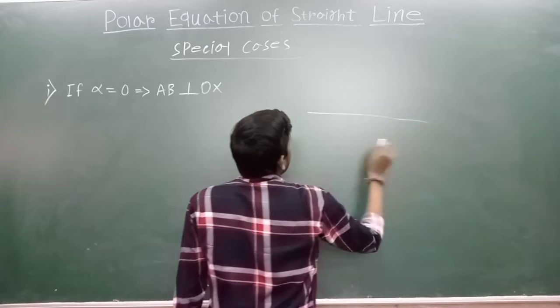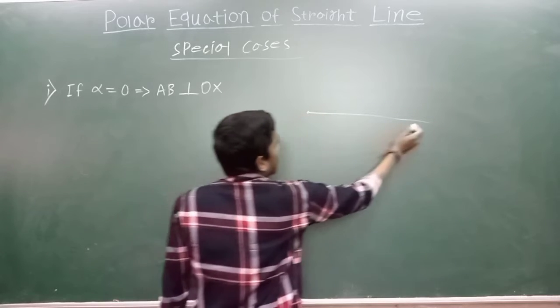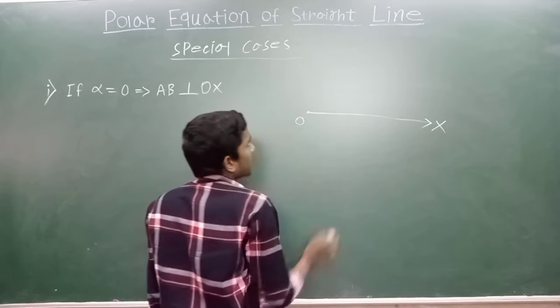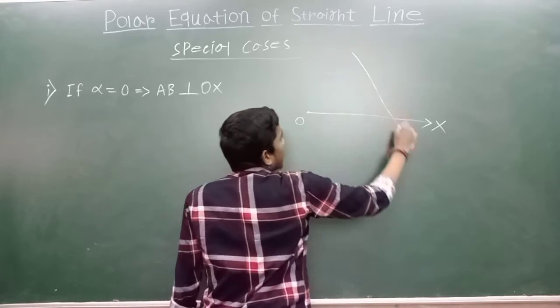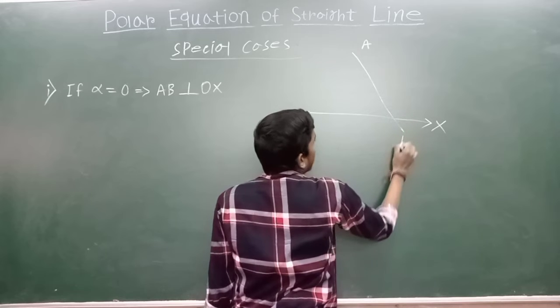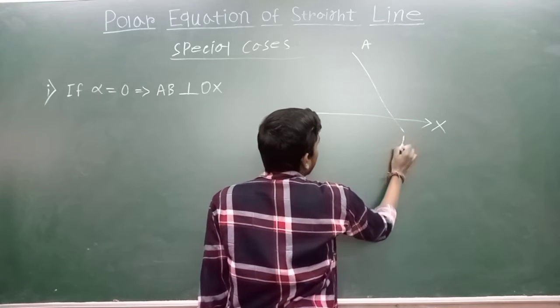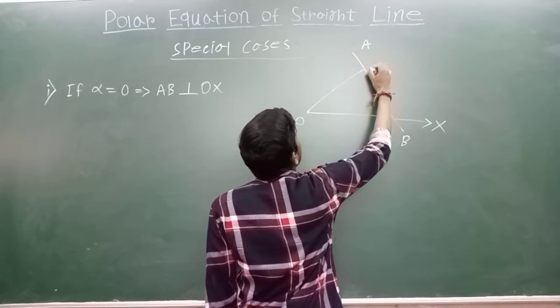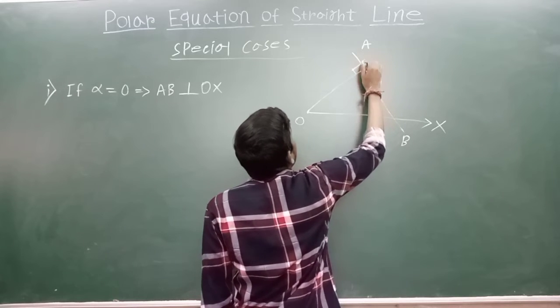So, if we draw our coordinate axis, this is O, pole and OX is the initial line. Then AB is a straight line. AB is a given straight line. Okay. Now, a perpendicular is dropped from O to AB. This is ON. Okay.